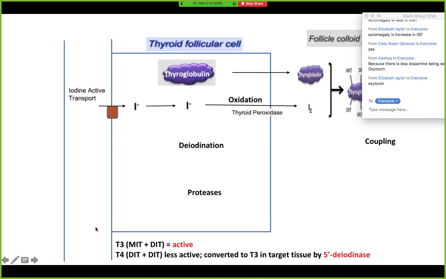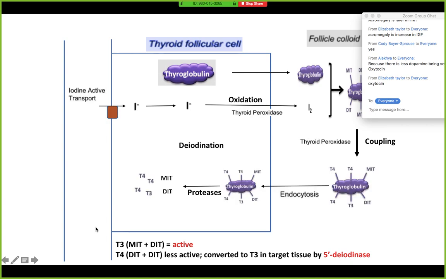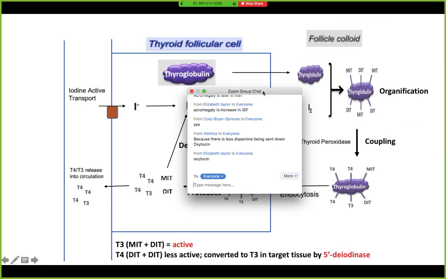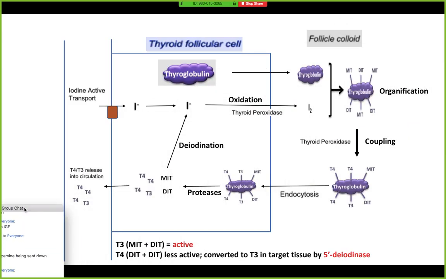So I just took this straight out of Dr. Quadri's slides. All right, so we'll just walk through this physiology real quick here. Over on this side, you have iodide that is transported by a sodium iodide transporter.